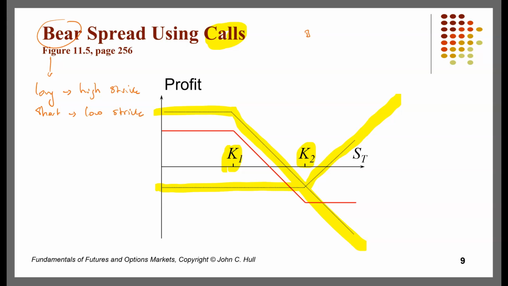And when you're bull, the long is going to have the low strike, and the short is going to have the high strike. That's your bull spread strategy and your bear spread strategy.